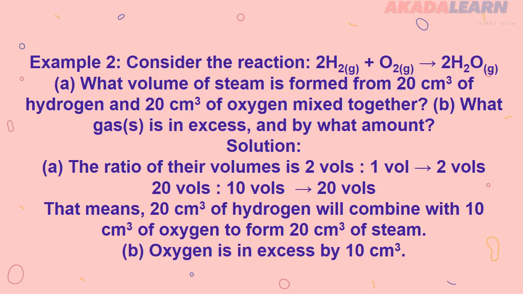So let's take a look at the solution now. The ratio of their volumes is 2 volumes reacting with 1 volume to give us 2 volumes. You can see it from the equation of reaction: 2 volumes of hydrogen reacting with 1 volume of oxygen to give us 2 volumes of water or steam. So 20 volumes will need 10 volumes to give us another 20 volumes of water.